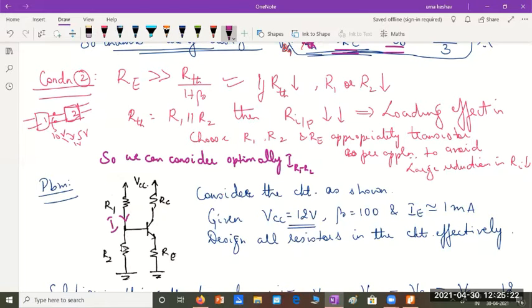This current, I'll consider the same current flows here. This current IB, I'm considering to be negligibly small, almost equal to 0. Remember, IB is very small when compared to this current I. We'll make this current I much greater than IB. So IB is negligible.